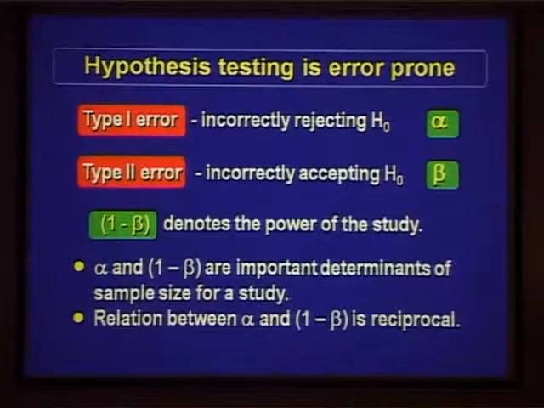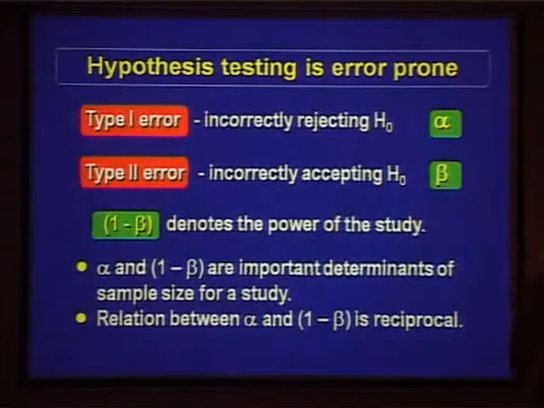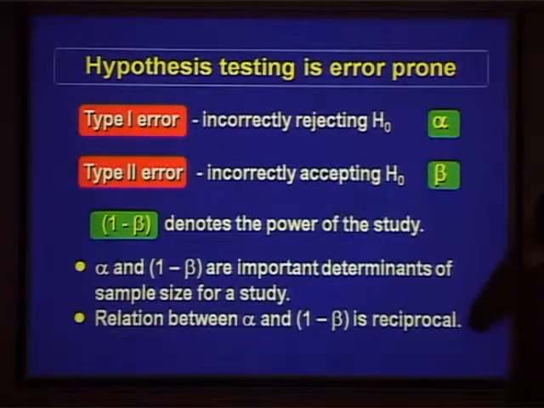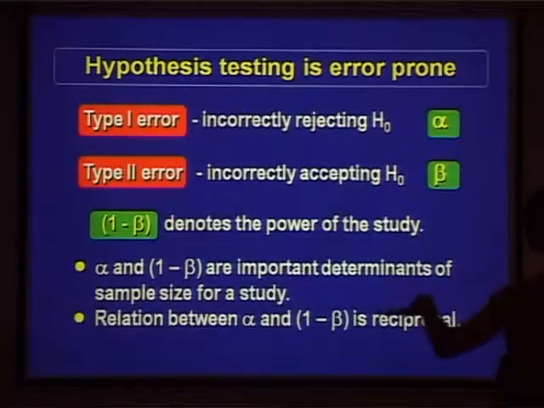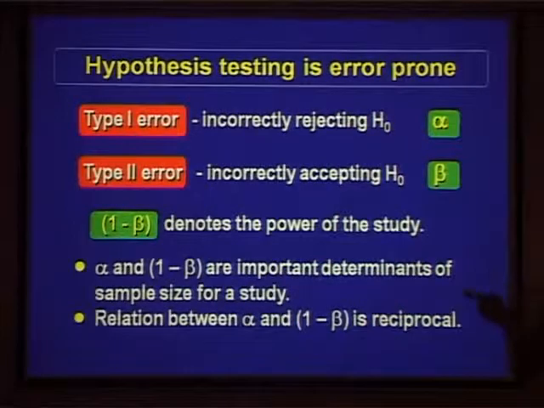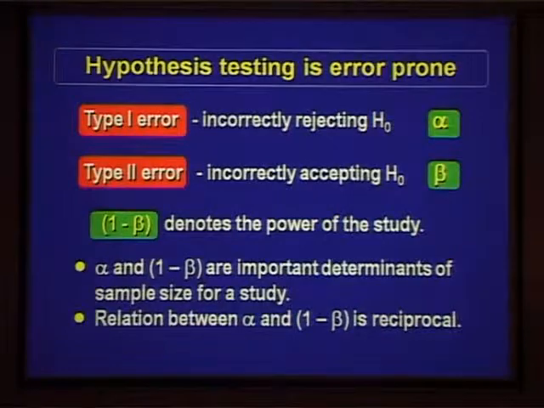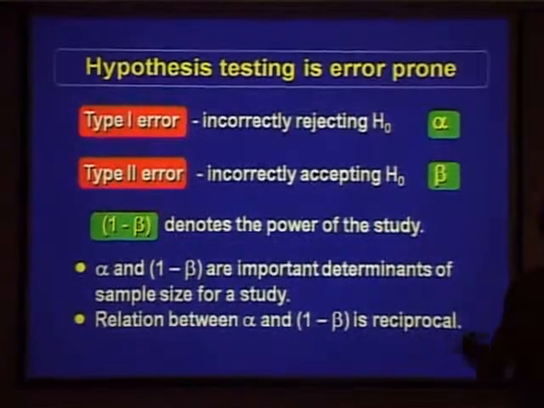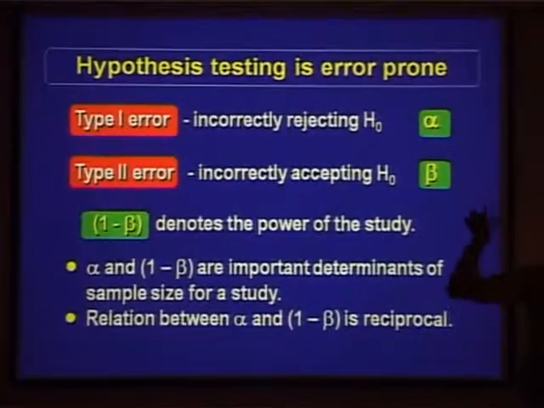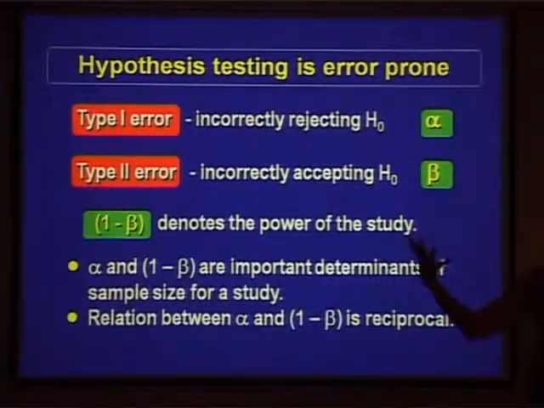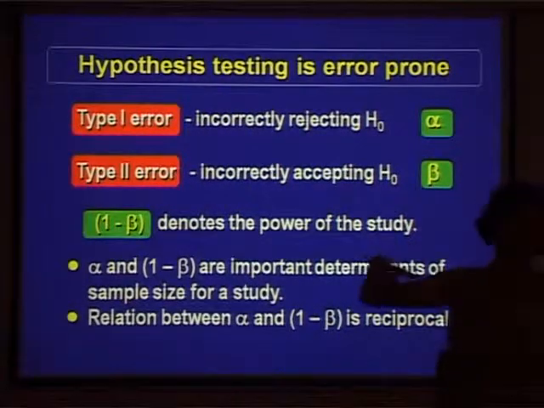Last concept is the power of the study. Right? What is the power of the study? Beta error is not finding a difference when a difference actually exists. So finding a difference is 1 minus beta. Beta is not finding.